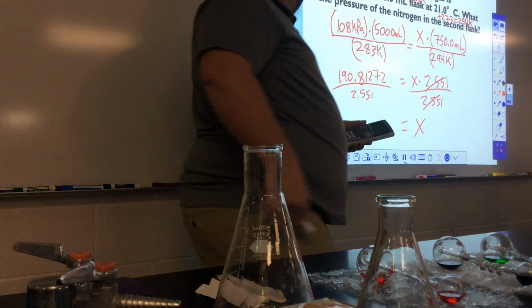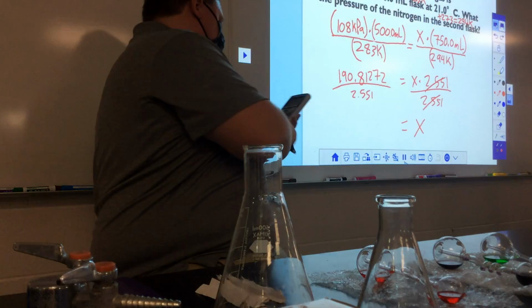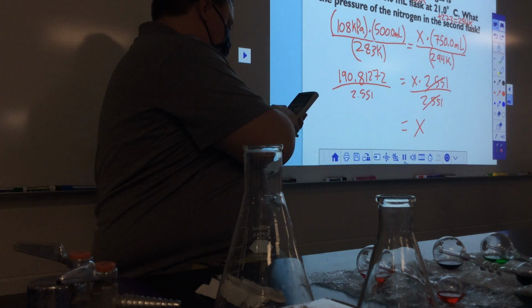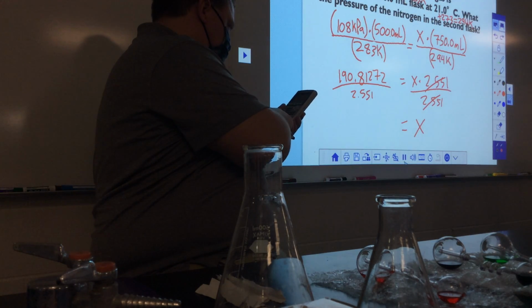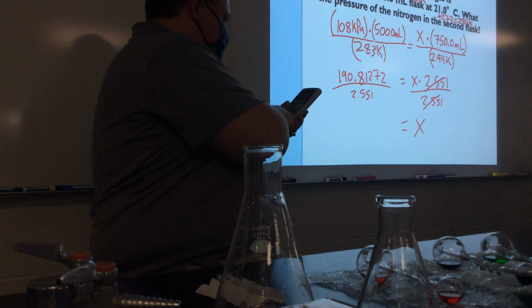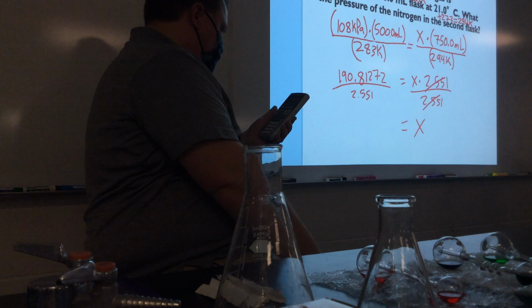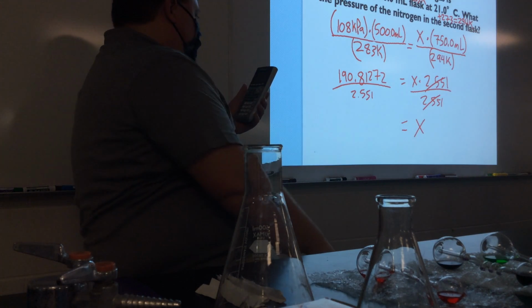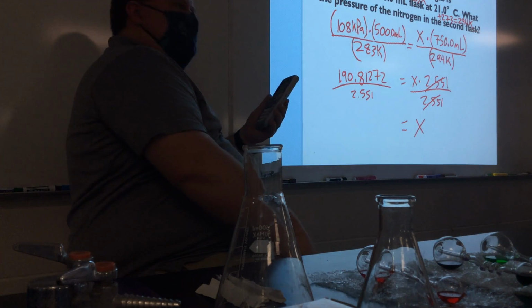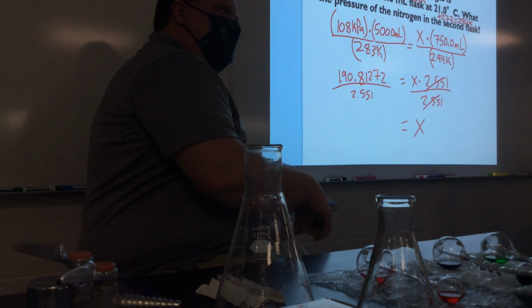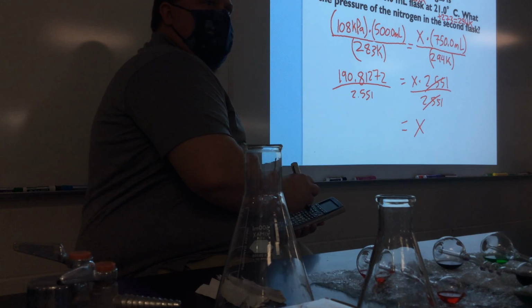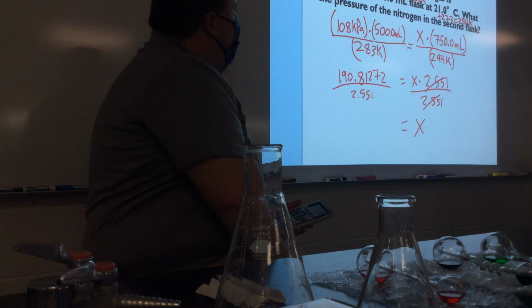So 190.81272 divided by 2.551 gives 74.798588655. How many sig figs do I get? 3. Okay.